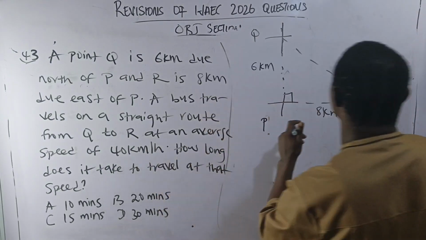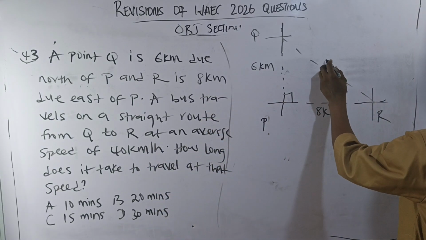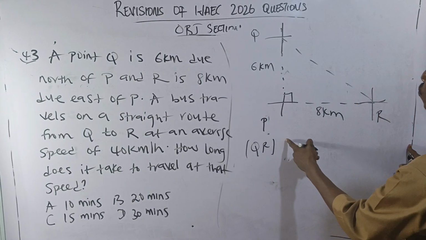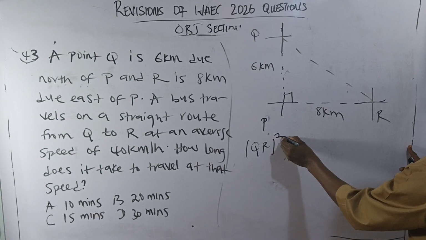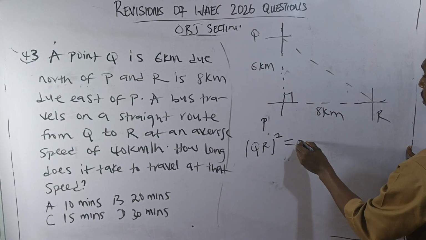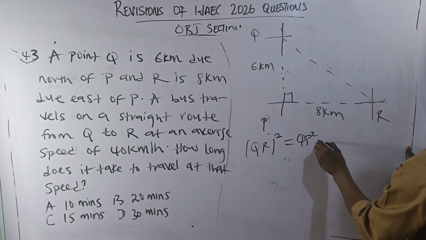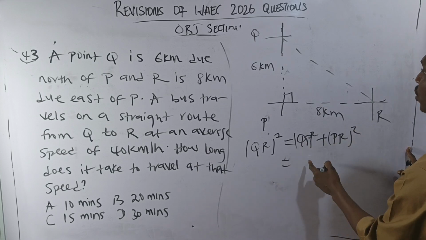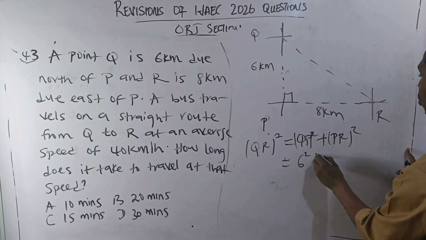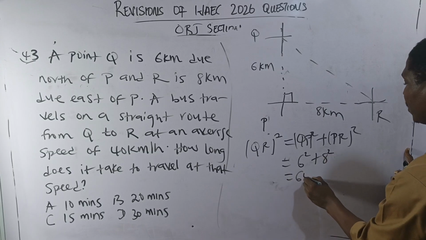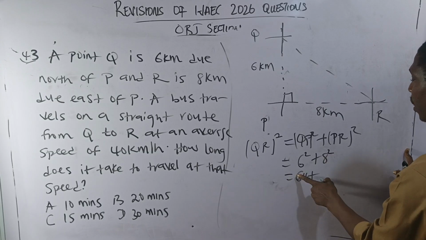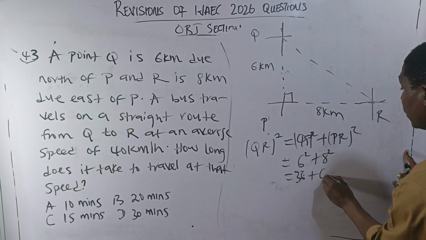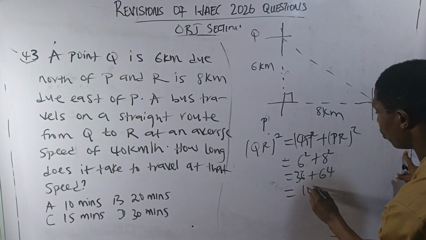And they gave the average speed. So my QR square, by Pythagoras, will be equal to QP square plus PR square. So QP is 6, 6 square plus 8 square equals 36 plus 64. 6 times 6 is 36. 36 plus 64 equals 100.